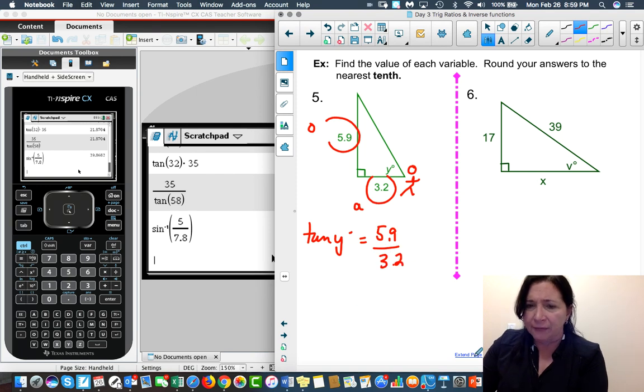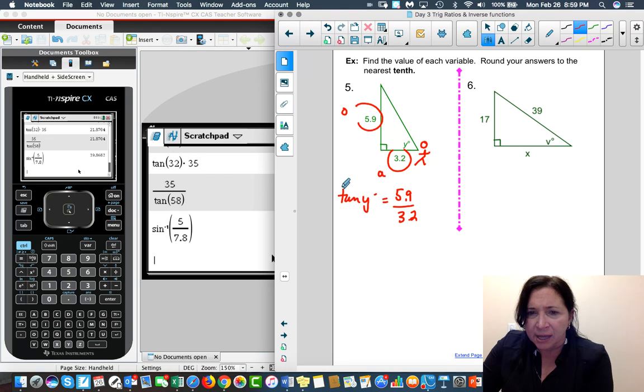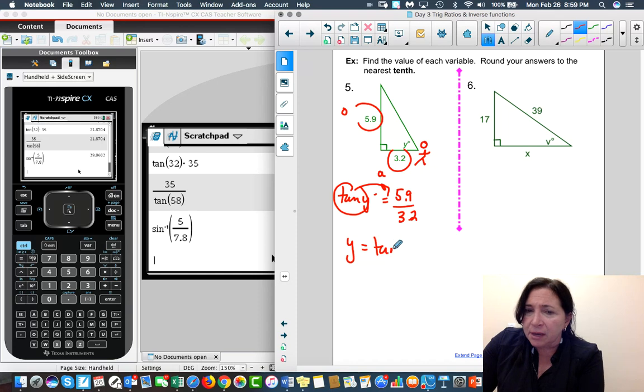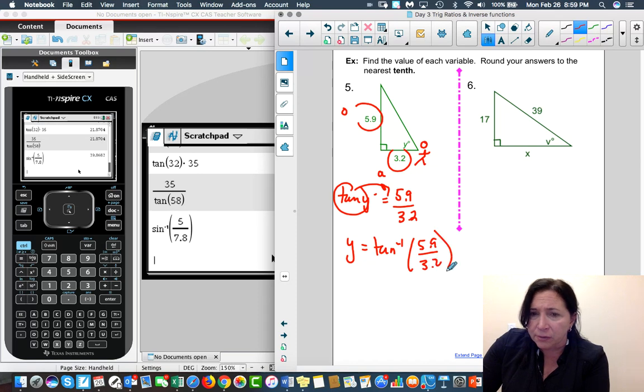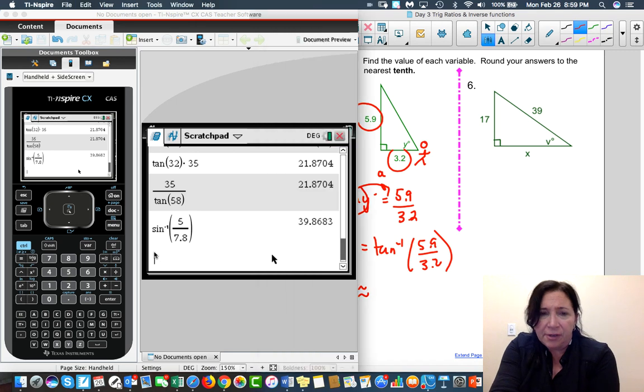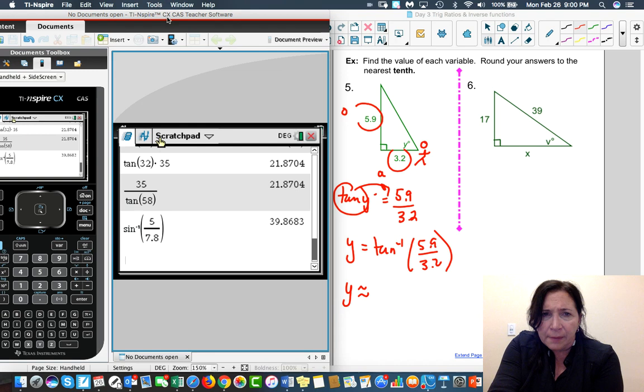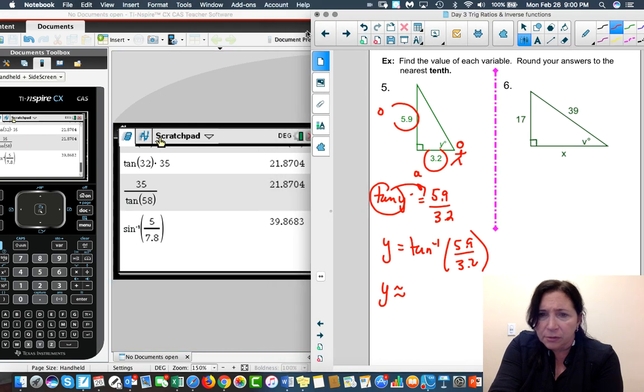So I'm going to solve for y because I want to find the angle. y is equal to arc tangent. See this tangent? I'm going to move it to the other side. So that becomes arc tangent of 5.9 divided by 3.2. And so y is approximately, now I have to figure that out. Use your calculator.